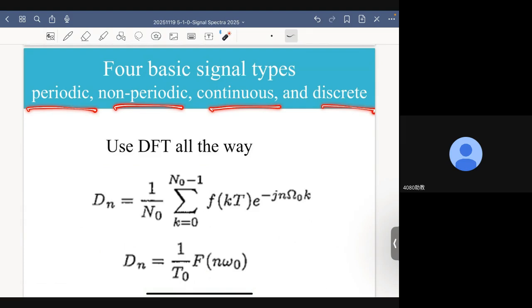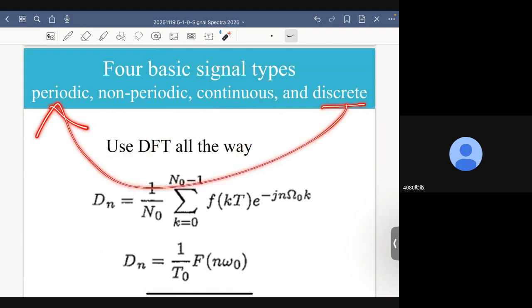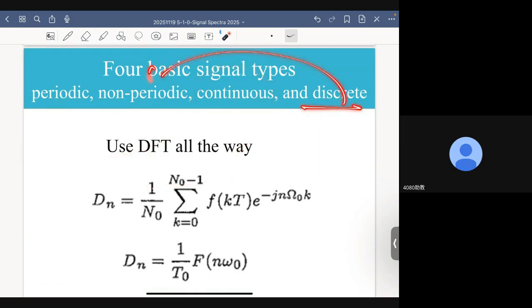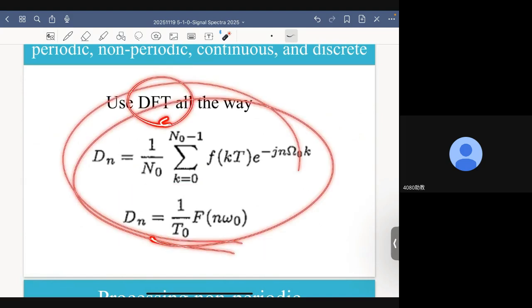You can have, for example, a continuous periodical signal, a continuous non-periodical signal, a discrete periodical signal, or a discrete non-periodical signal. Whatever it is, to determine its frequency spectrum, you always use DFT. We saw this before.